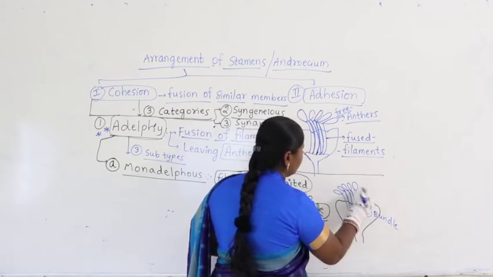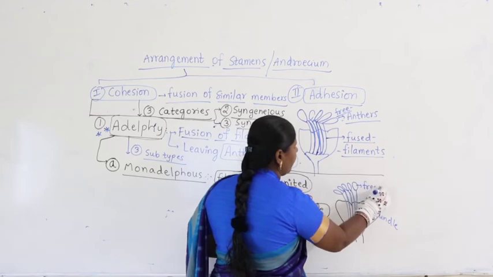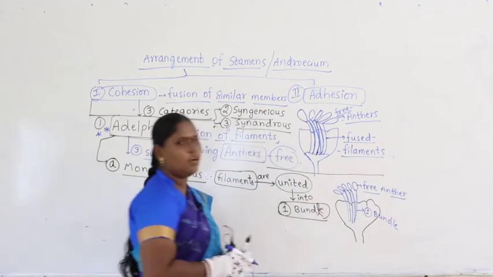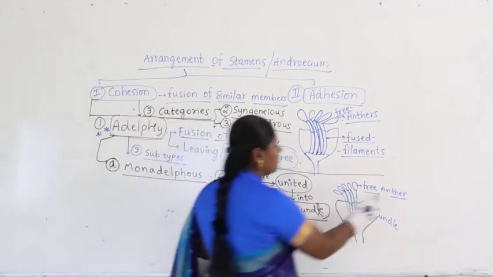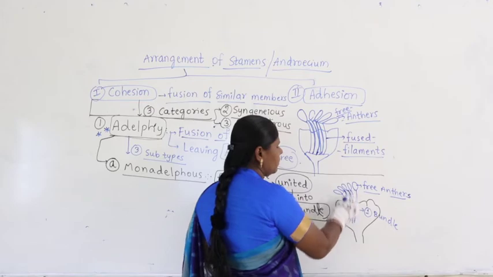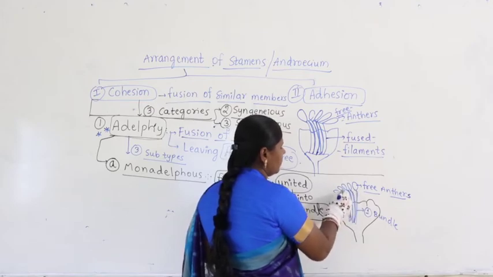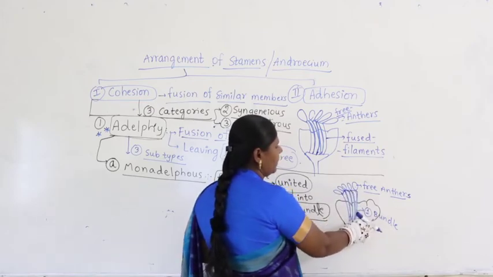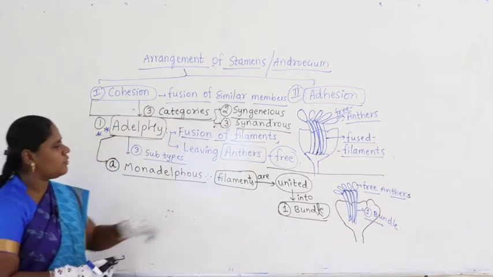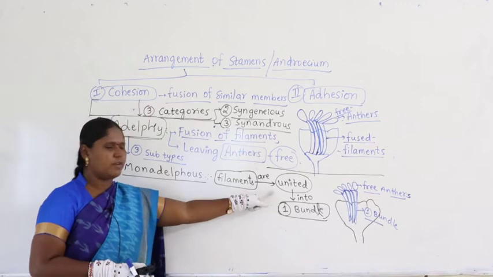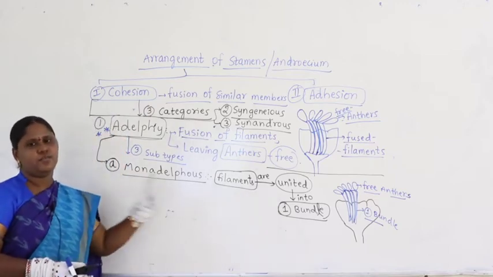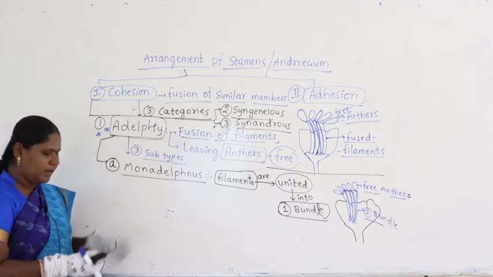But in this bundle, remember you find as usual free anthers. Free anthers we find very clearly, but the filaments are united and lead to formation of one bundle. When there is formation of one bundle with the filaments united, the condition is called Monadelphous.